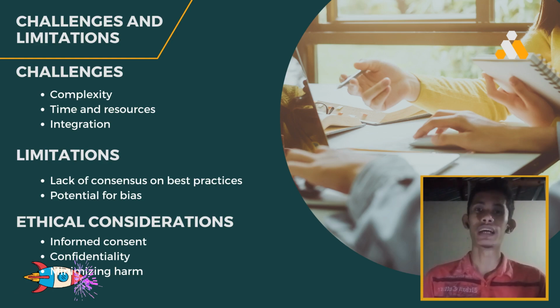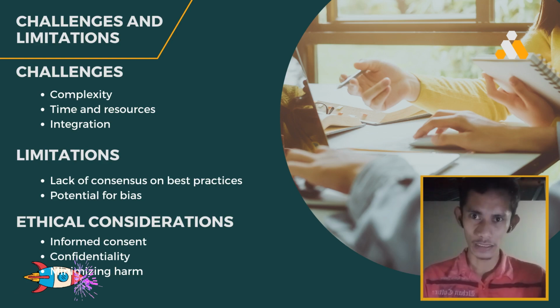Here are some specific ethical considerations that researchers need to be aware of when conducting mixed methods research. First, informed consent. Researchers need to obtain informed consent from participants before collecting any data. This means that participants need to understand the purpose of the study, the risks and benefits of participation, and the right to withdraw from the study at any time.